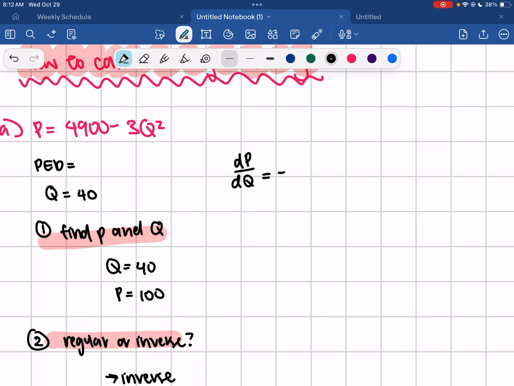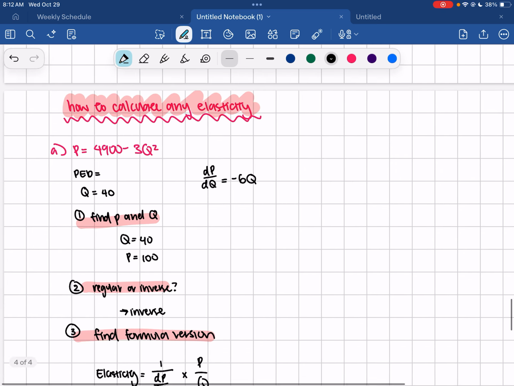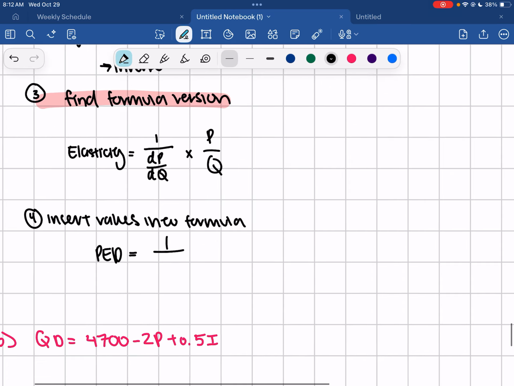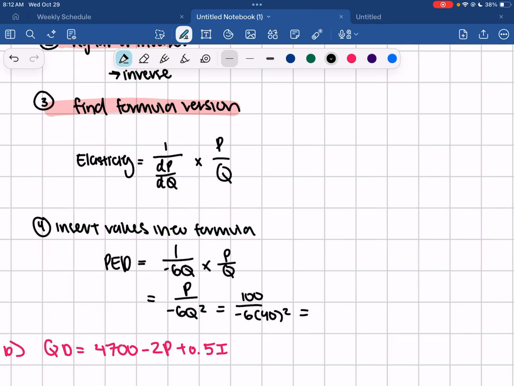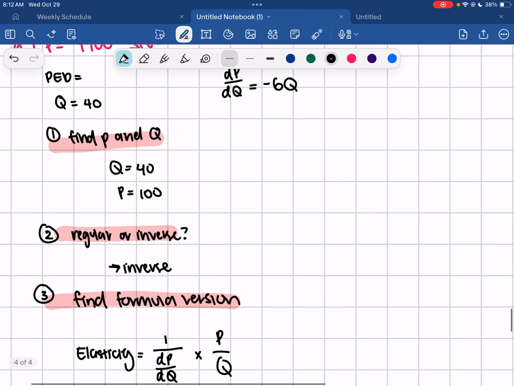It'll be negative 6Q. Okay, there we go. All right, so we're going to add that in there, negative 6Q times P over Q. All right, so that'll give us 6Q squared over P. All right, so we're just going to solve it now, inserting the values that we got from step 1.